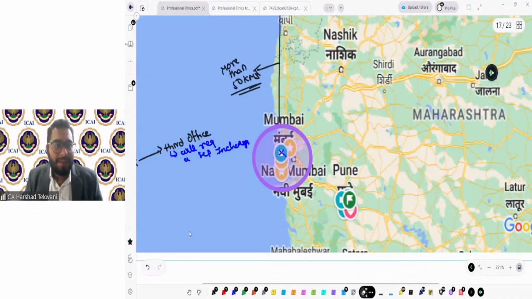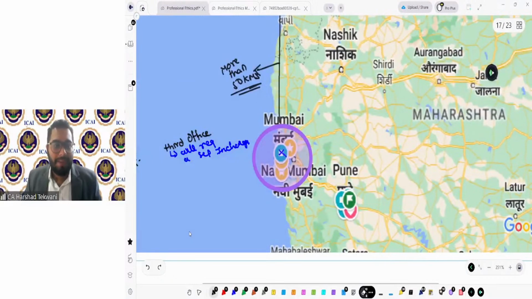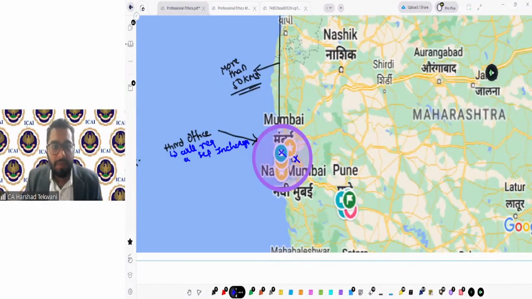Now, let's take this example ahead and say I am opening another office in Mumbai itself, within the same city. This was my second office, oh, this was my third office, and this is my fourth office that I'm opening in Mumbai. What do you say about the fourth office?